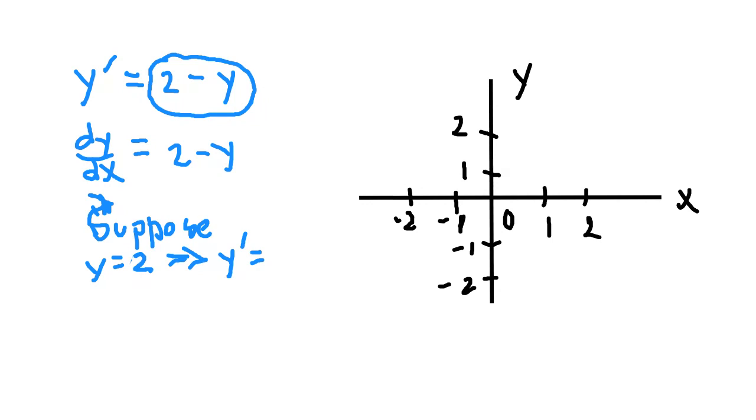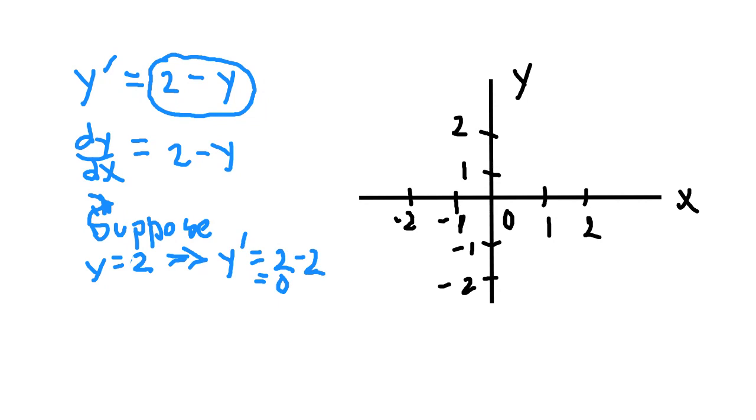Let's say y equals 2. Then what does y prime equal? That's right, Victoria, it equals 0. Because y prime is 2 minus 2, and that equals 0.